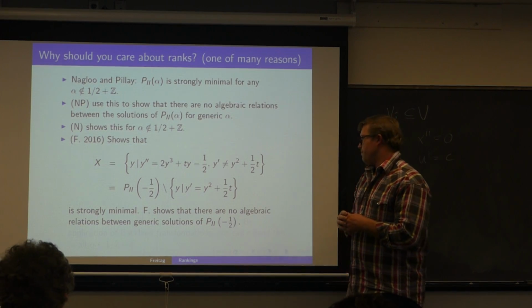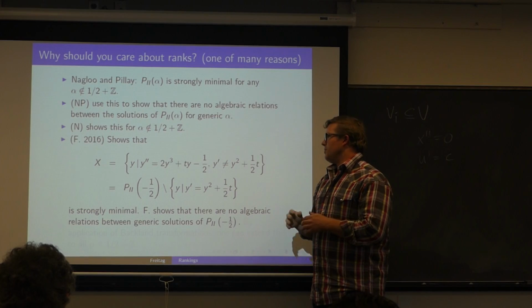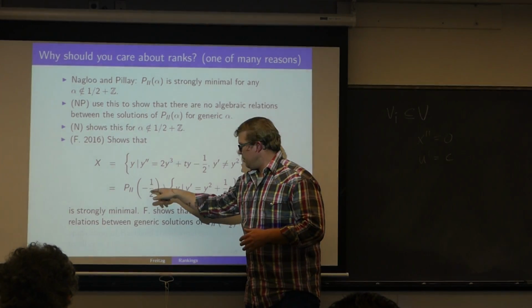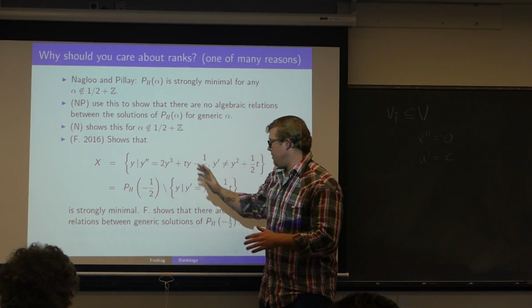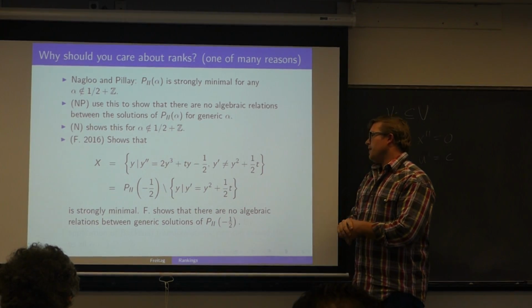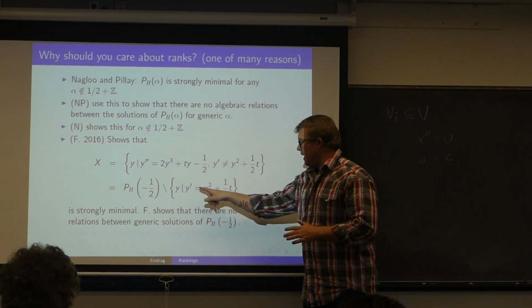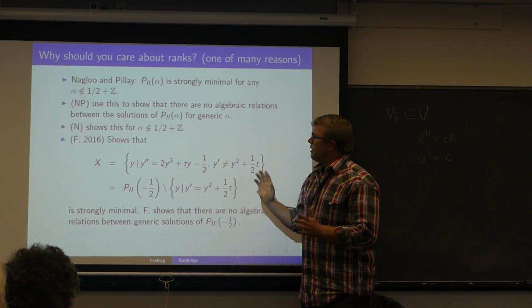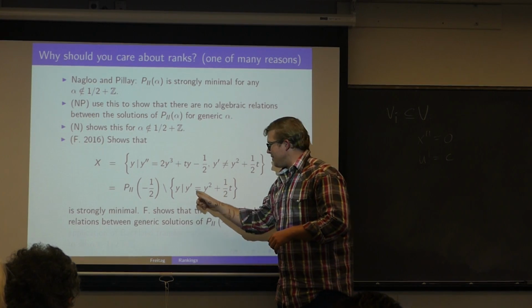So just recently I saw that P2 of negative 1/2, that's in the set 1/2 plus c. Okay, P2 of 1/2, it is not strongly minimal, but if you take away the exceptional subvariety here, it turns out that, I didn't write down the equation for P2, but we did have it in the previous talk again.